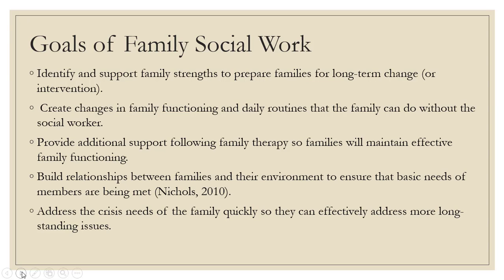Finally, the last one, we look at crisis. Many of the families that come to us are in crisis, and part of our jobs as family social workers is to be able to help them to move away from the crisis and come up with better ways of coping long term.